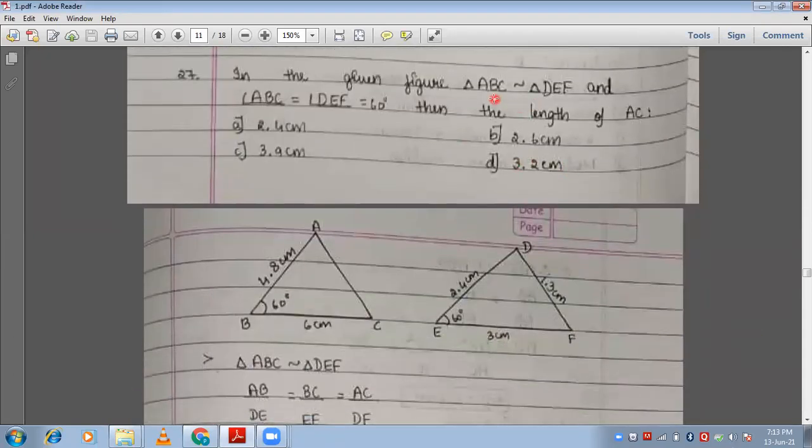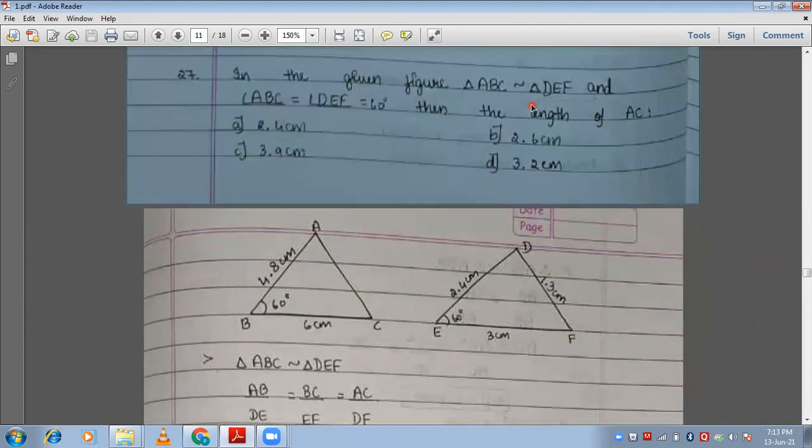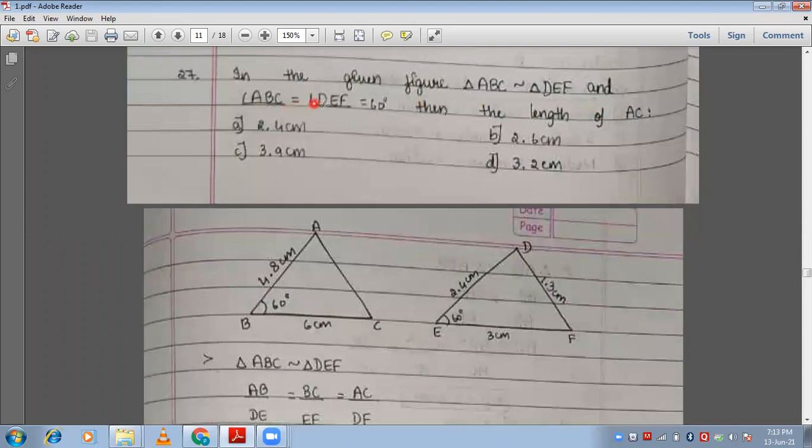In the given figure, triangle ABC is congruent to triangle DEF, and angle ABC equals angle DEF equals 60 degrees. Then the length of AC is dash. You need to find AC. We know for similar triangles the ratios of corresponding sides are equal.